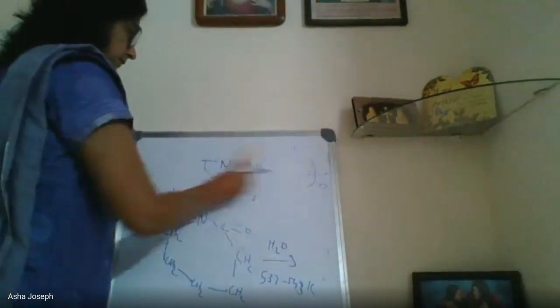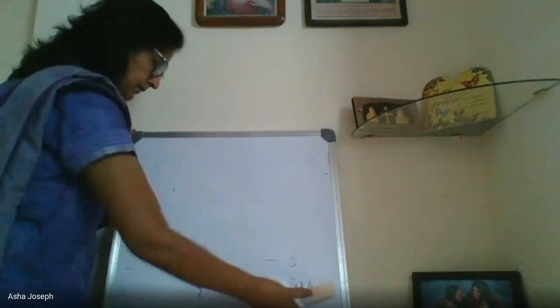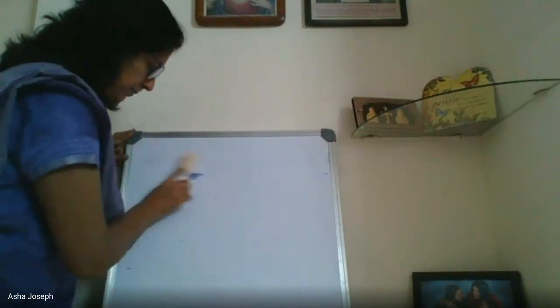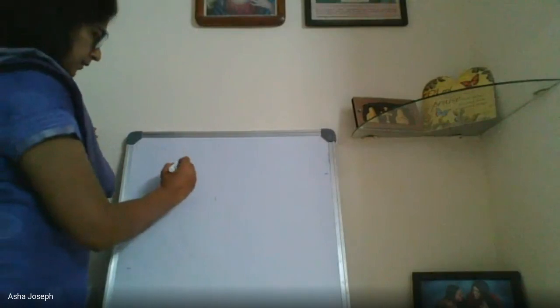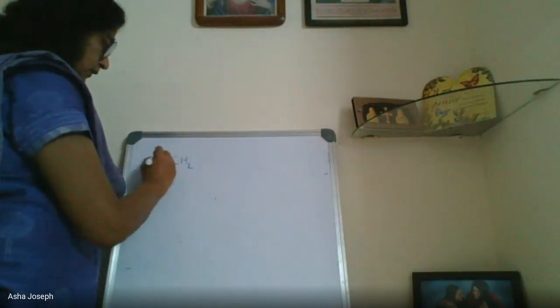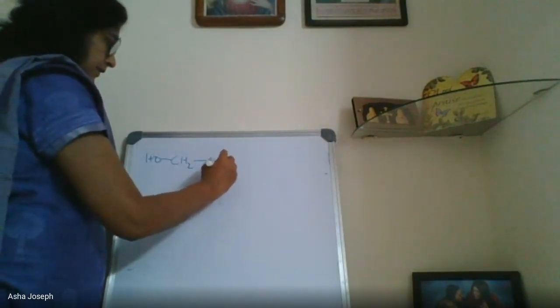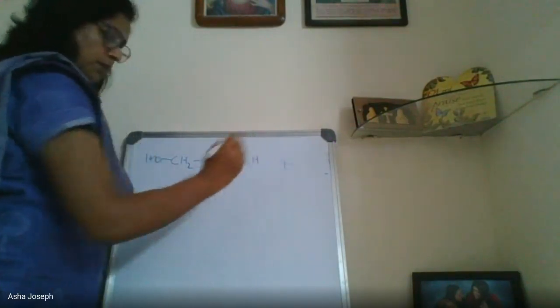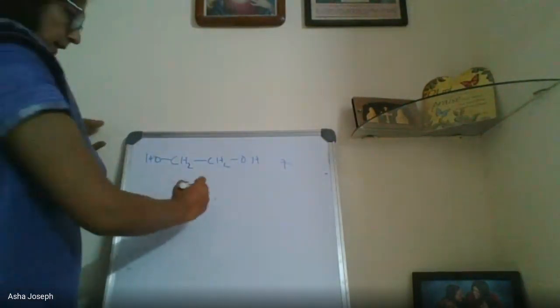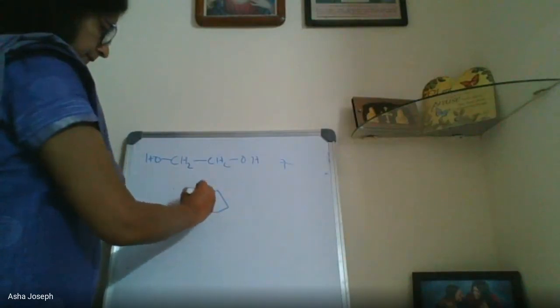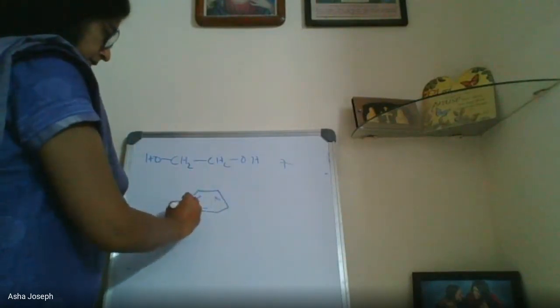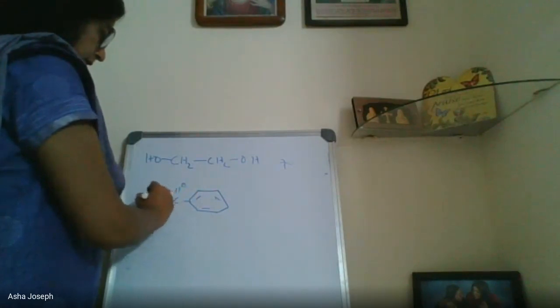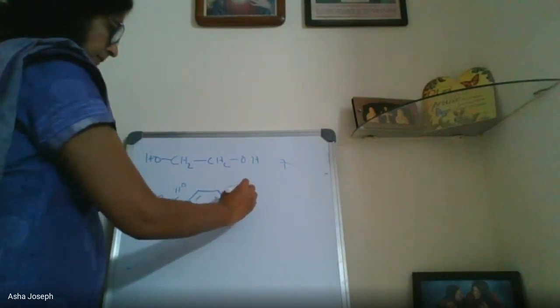I have to go to the board. First monomers I will write, you learn by heart the monomer. Ethylene glycol, you know that: CH2OH, CH2OH, first monomer. Terephthalic acid: benzene ring, one COOH group here, the second one at para position.